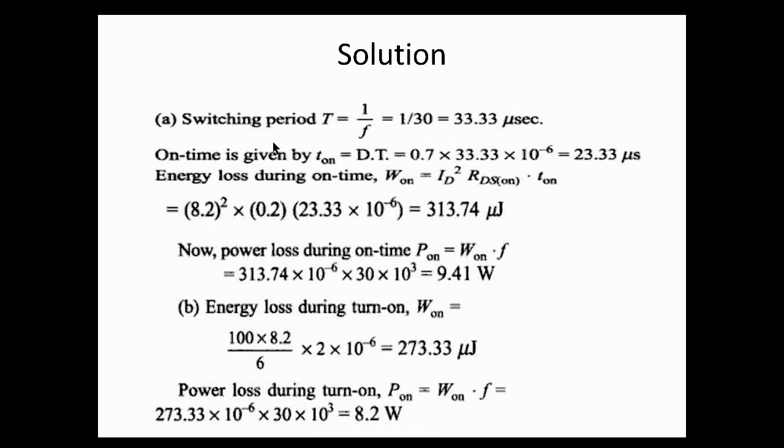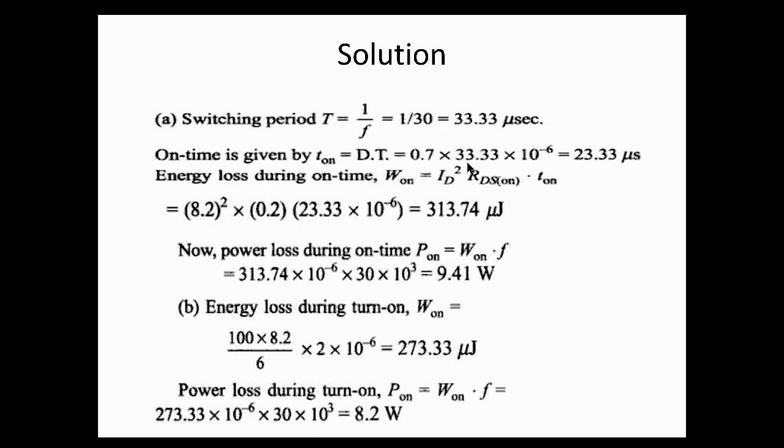So now to get the energy loss, that's I squared, remember the power loss, you multiply by the time that it has been on, and that will give us the energy. Because power, joules per second, multiplied by time, gives us energy.